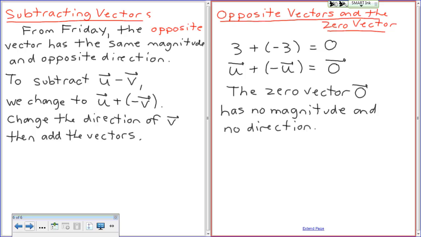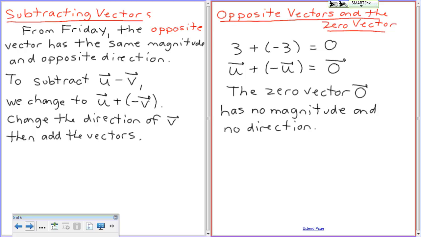You can't say it's 0 newtons up because it doesn't make sense. There's no direction, right? Just 0 newtons. Okay. Now some physicists may say to me, Mr. Sabat, how can it be a vector if it has no direction? Well, it is. Okay, I'm just going to leave it at that, okay? It's called the 0 vector.